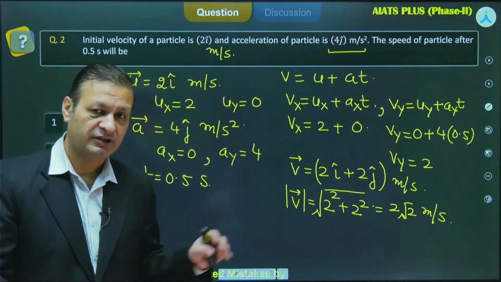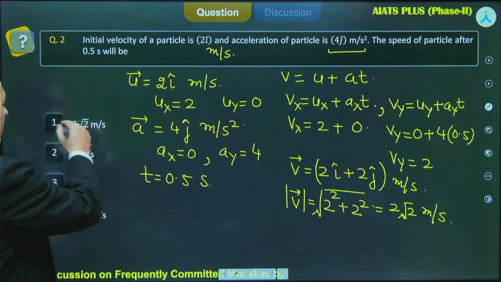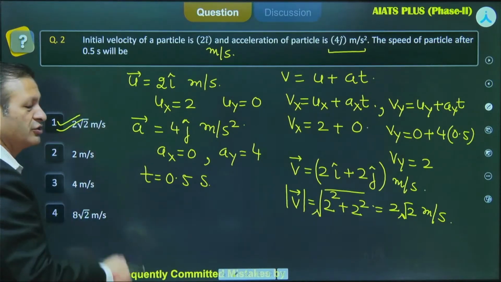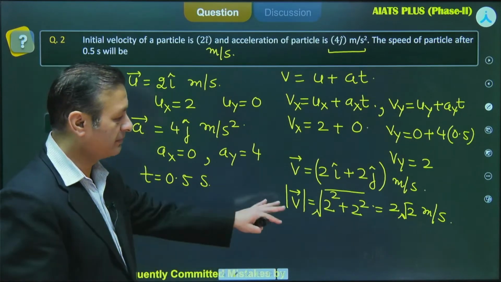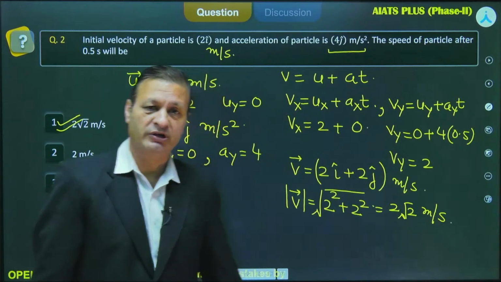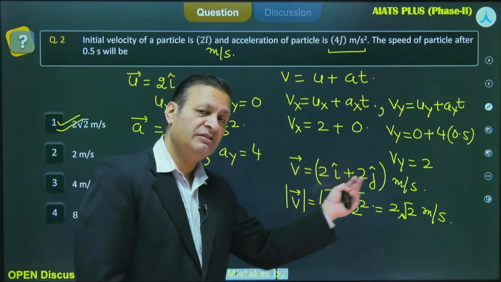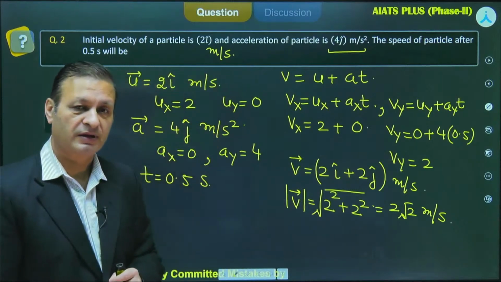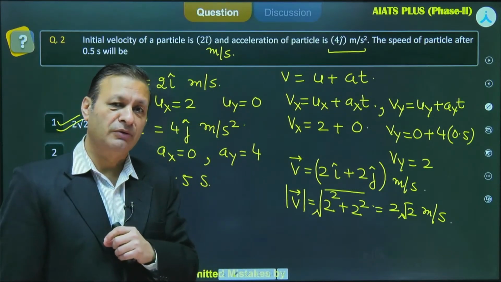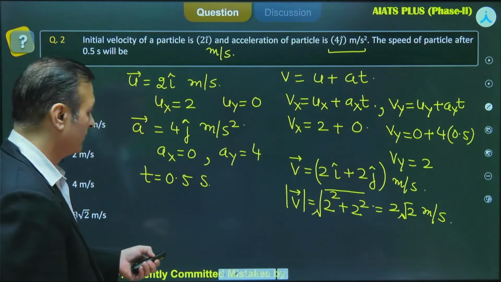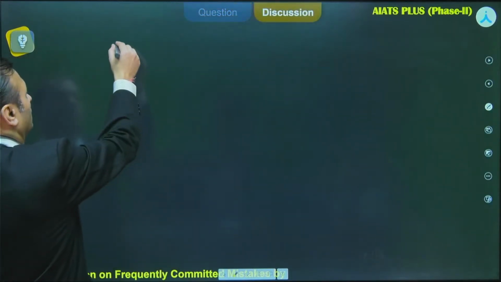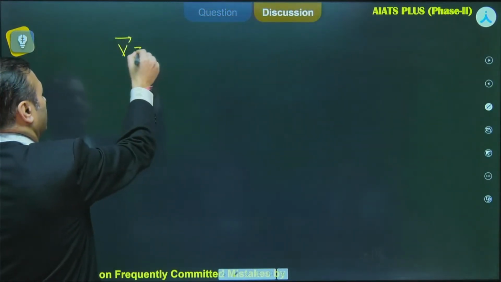So this is the actual question, and we got the answer as 2 root 2 meter per second only. So this was the actual question, speed. But we have got the velocity vector also.